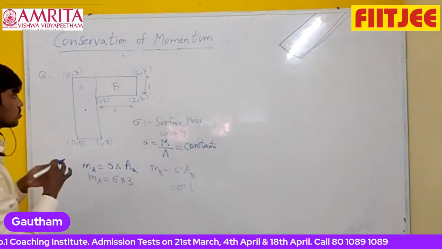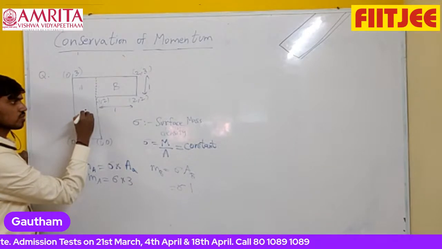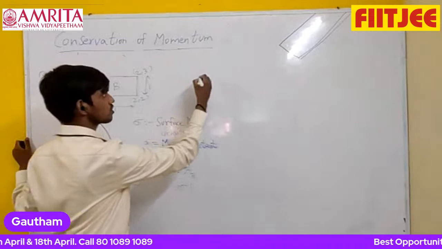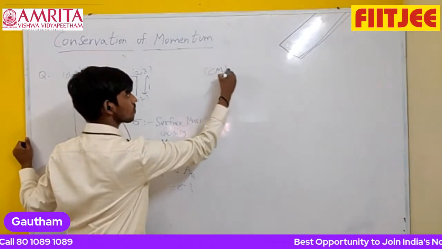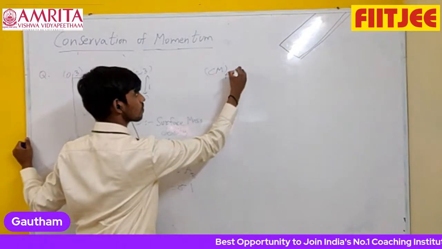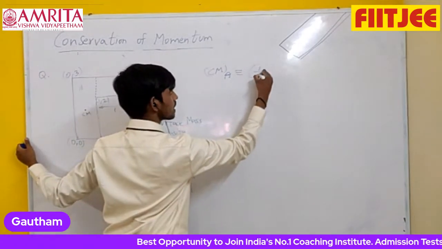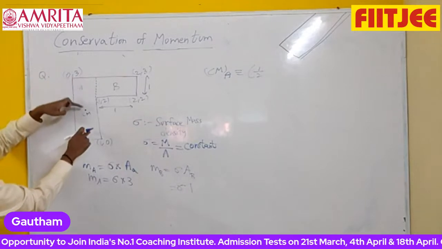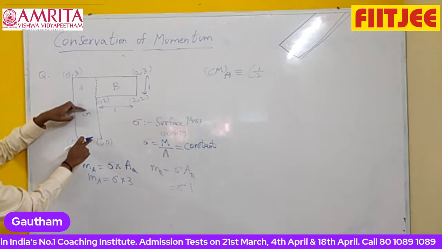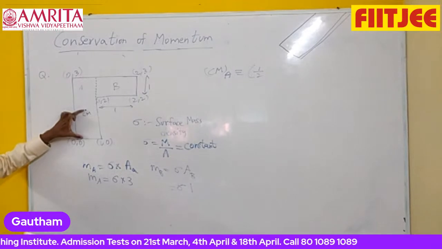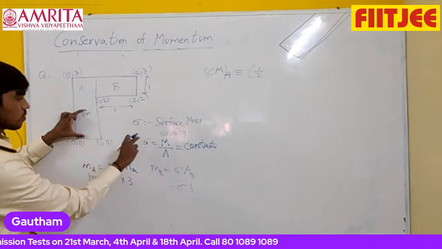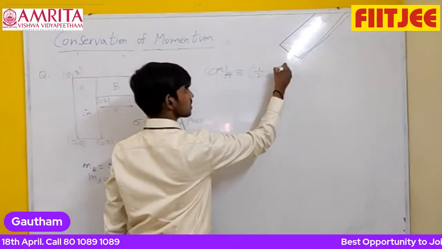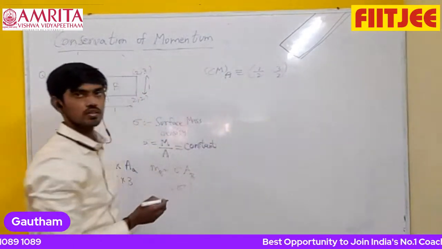This x is equal to 0, so this will be x is equal to half. So center of mass of A is x coordinate half, y coordinate, total y coordinate is 3 units, so y coordinate of this center will be 3 by 2 from here. So this is the origin, y coordinate is 0 here, so this is 3 by 2, so 1 by 2 comma 3 by 2 is center of mass of A.